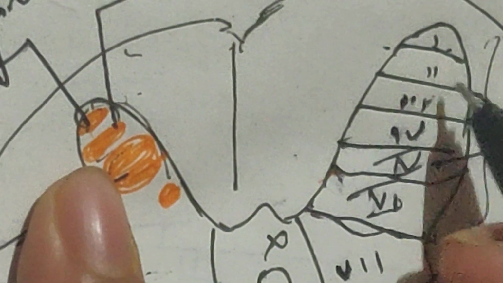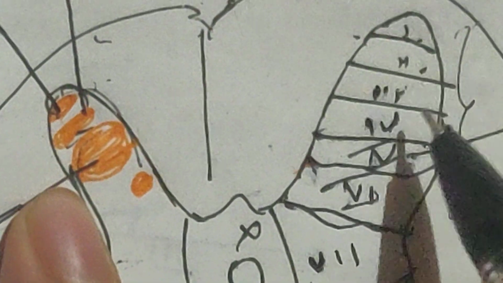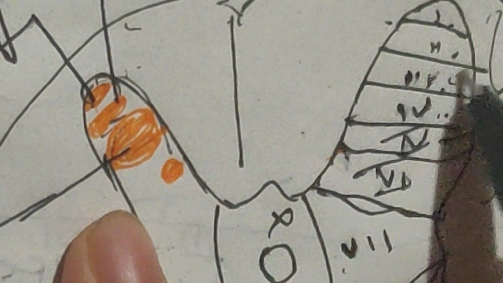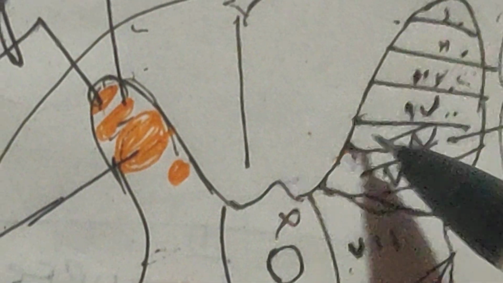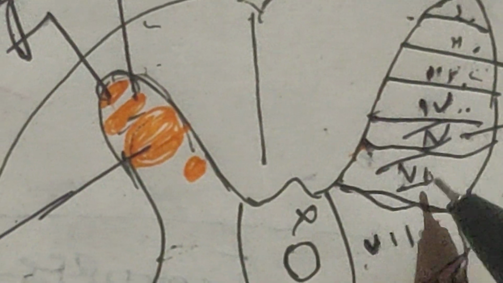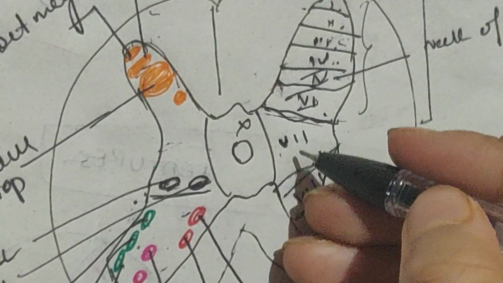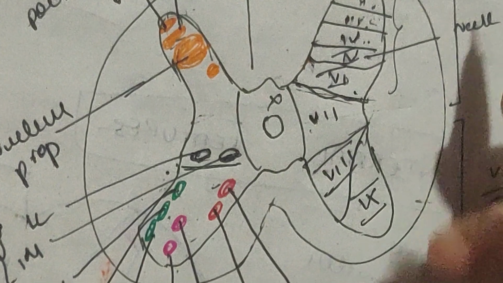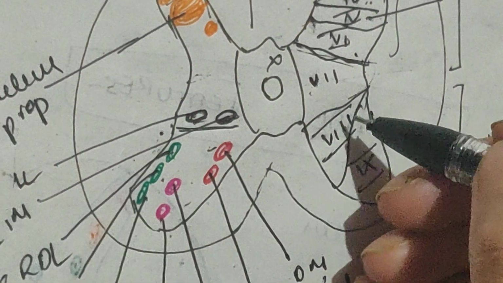Next, the second section corresponds to the substantia gelatinosa. The third and fourth sections together are equal to the nucleus proprius. The fifth one is equal to the neck of the gray matter. Sixth is the base of the gray matter. Seventh corresponds to the intermediate gray zone, which has the intermediolateral and intermediomedial nuclei.